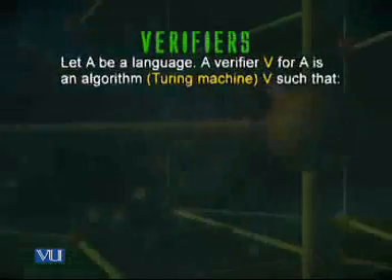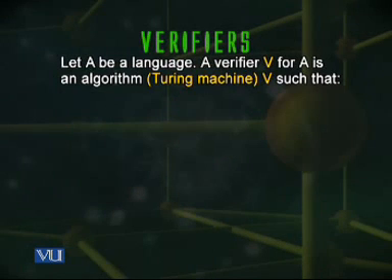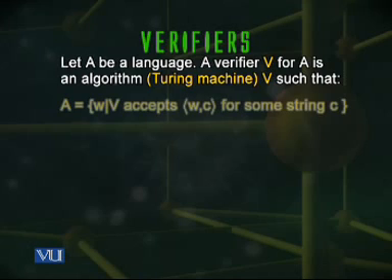Let's first look at the formal definition of what a verifier is, and then intuitively discuss what we want to do with it. Suppose we have a language A. A verifier V for the language A is an algorithm, and remember that an algorithm is nothing but a Turing machine. So a verifier is simply an algorithm V such that A is the set of all w such that V accepts ⟨w, c⟩ for some string c.